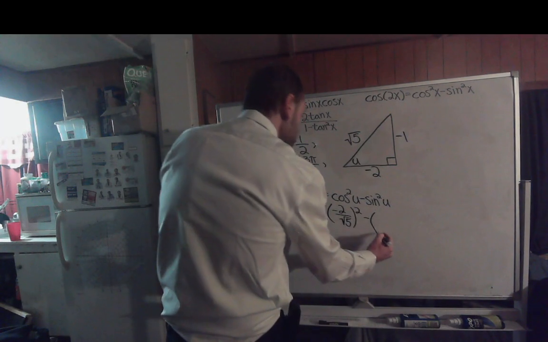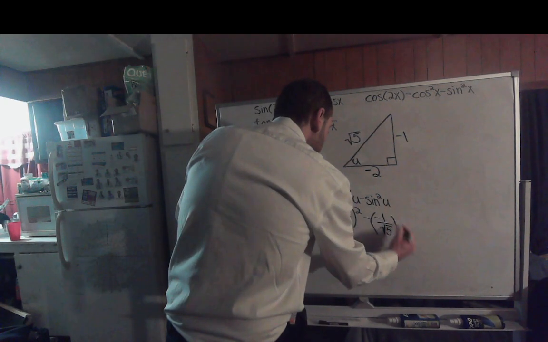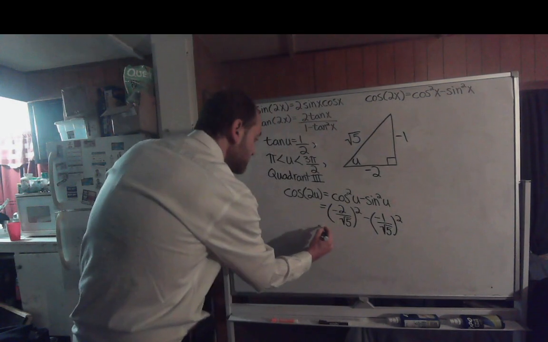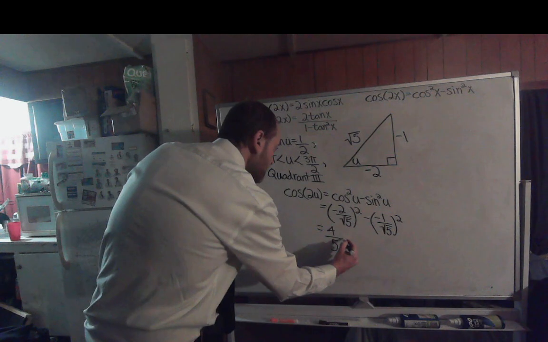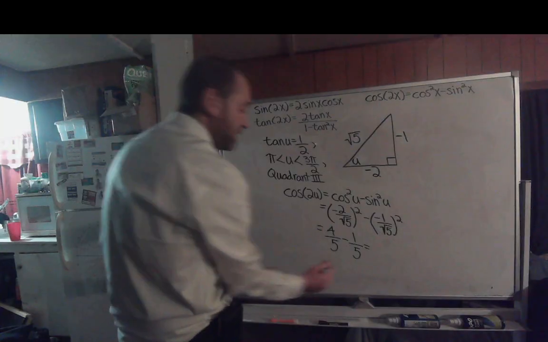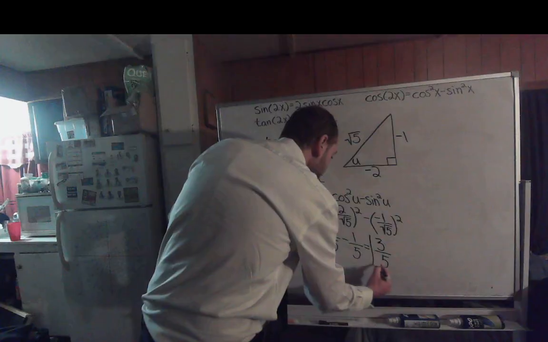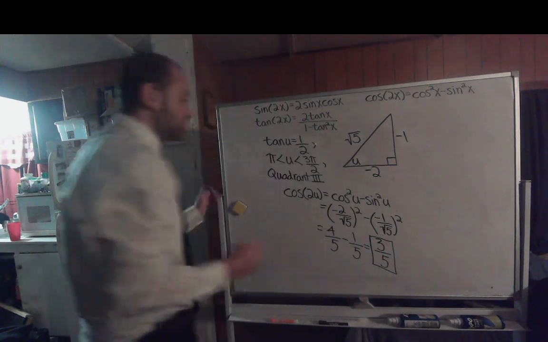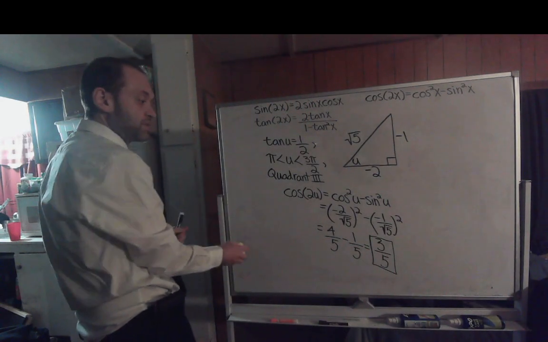Minus, what is the sine of u? That's -1 over the square root of 5, but we got to square that. So you'll end up getting 4/5 minus 1/5, which should mean that your cosine of 2u would end up being 3/5. So the cosine of 2u ends up being positive 3/5.